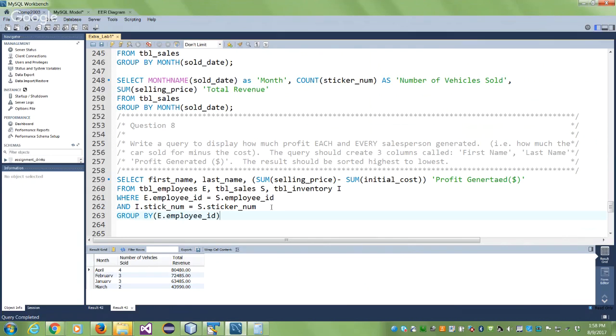And then what do we want to do? It's not wrong, but it's not required. What else do we want? Result should be highest to lowest. So we don't have to say having or whatever, and having won't work either way. These are people who sold something. And now the last one, the order by. What did it say? Order by should be sorted highest to lowest of what? Of profit, of course. Okay, so order by 3.